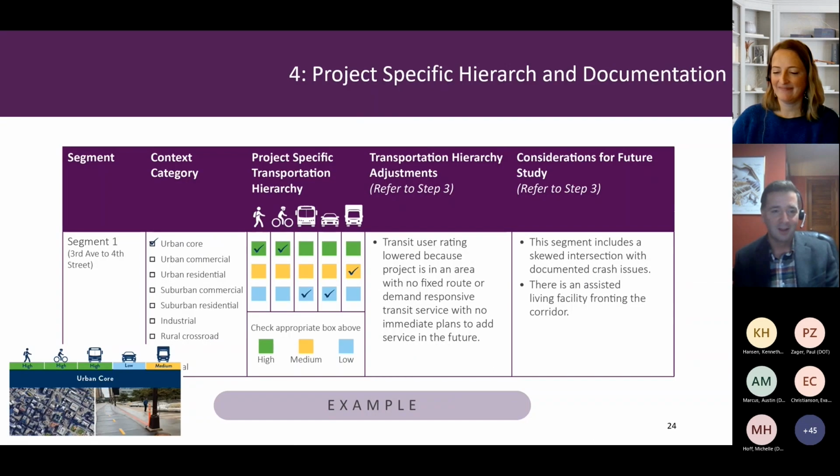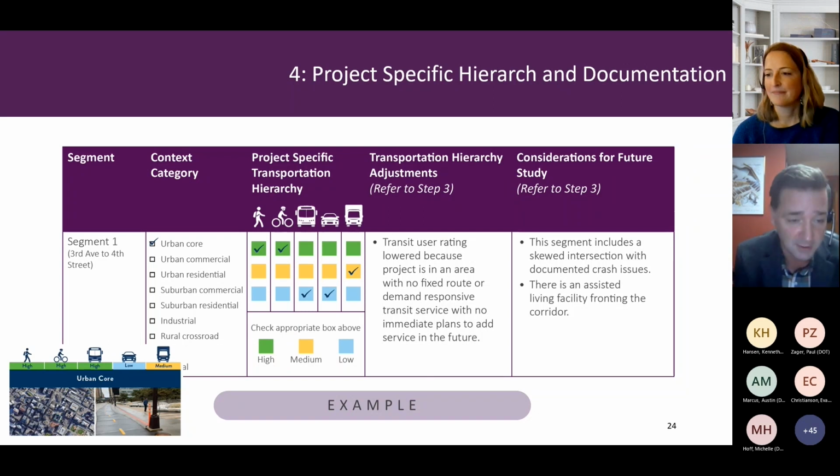Next slide. Okay, so in the handbook, there is this table example format. And the idea here is this is just one way that you could document, but you've got urban core to begin with. You can see it's small, I grant. You can see the baseline transportation hierarchy types, but you go in and document what you see as your project-specific transportation hierarchy.